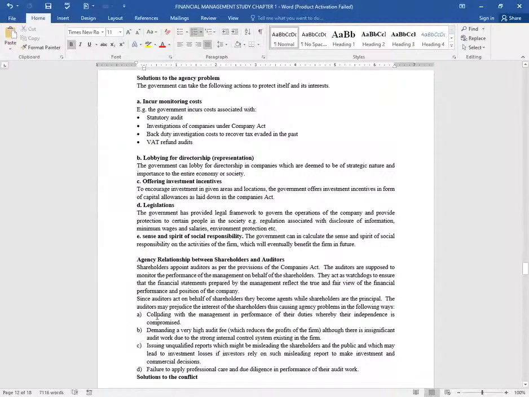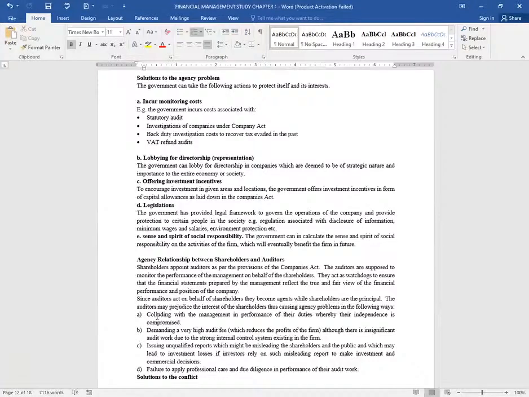Now, potential areas of conflict, of course: when I send you down there as my auditor, I don't expect you to collude with those directors. If you collude, then that will be a potential area of conflict. We have high fees. High audit fee is a potential area of conflict, ladies and gentlemen. Why?